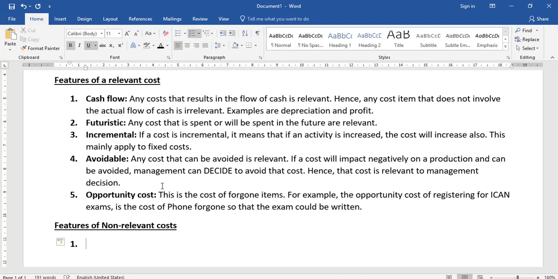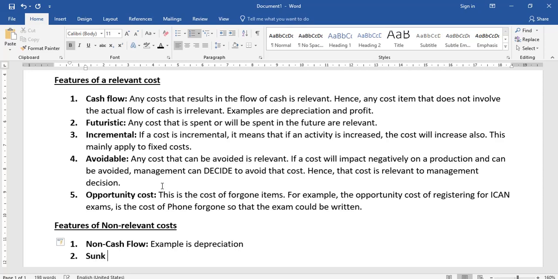The first one is non-cash. Write these things like this. Non-cash flow. An example is depreciation, which we just discussed.